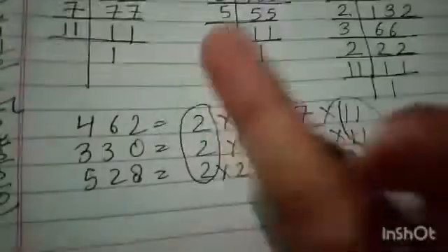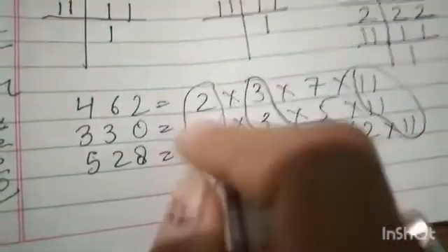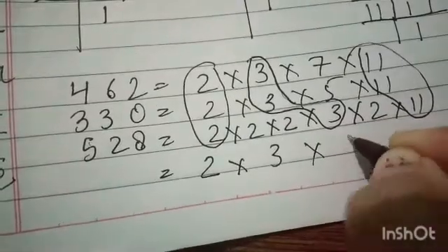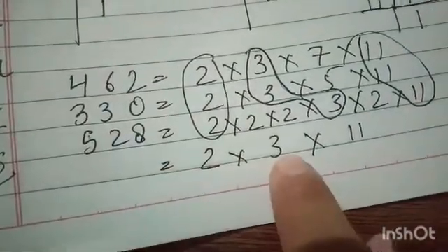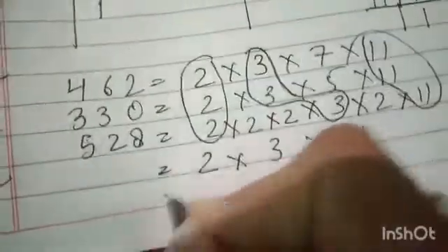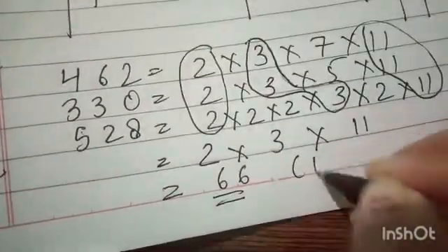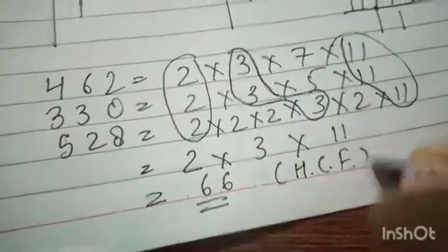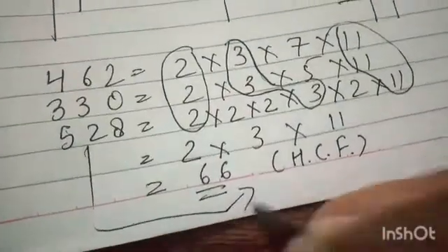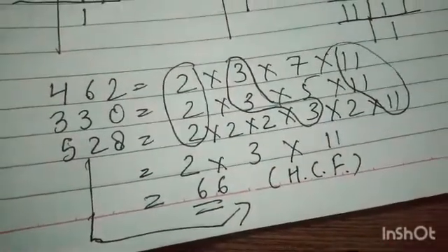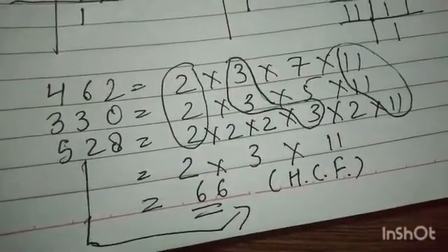Other numbers are not in the remaining two, so I will write this 2 one time here. 2 multiply 3 multiply 11. So 2 3s are 6, 6 11s are 66. So this is the highest common factor of these numbers. This is how to find the highest common factor of any numbers.